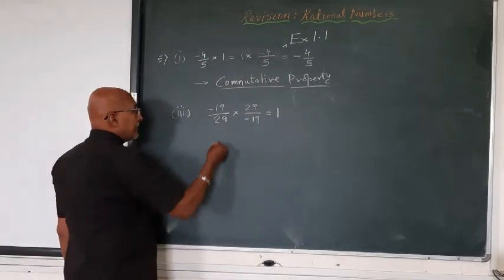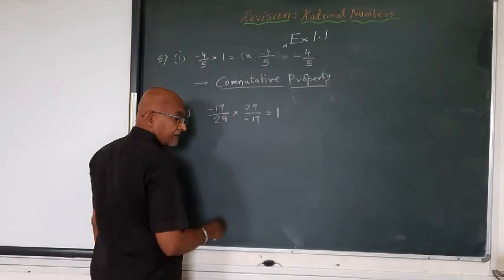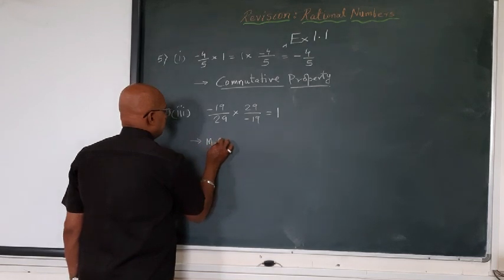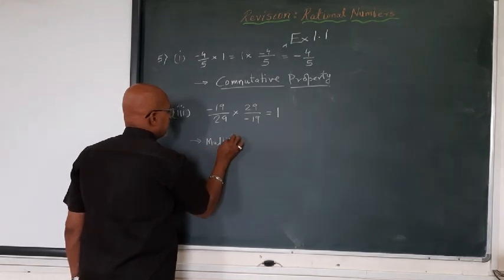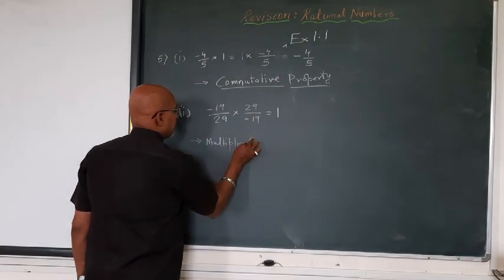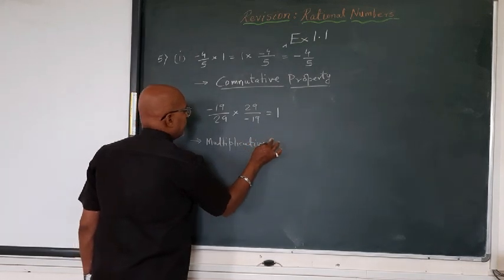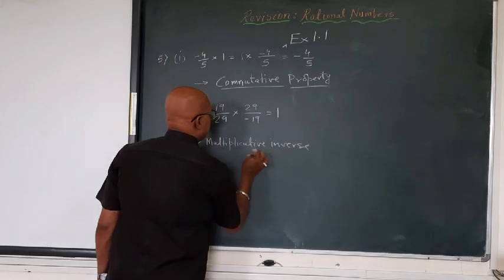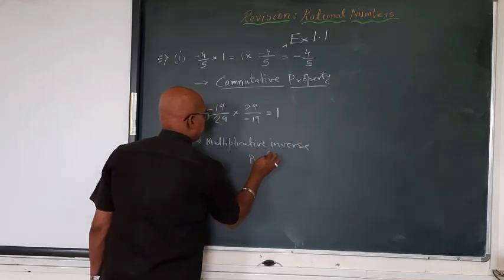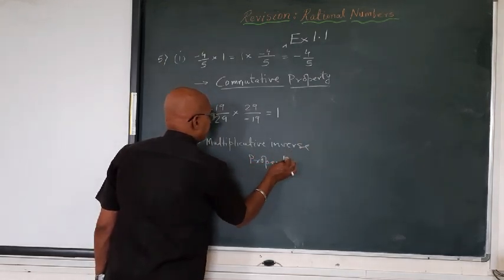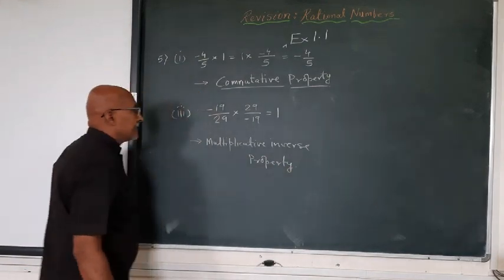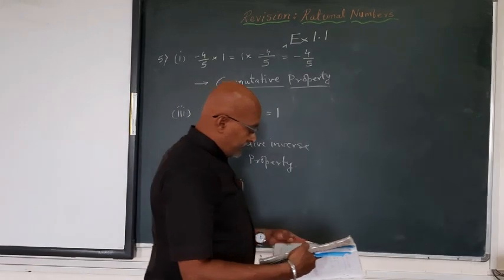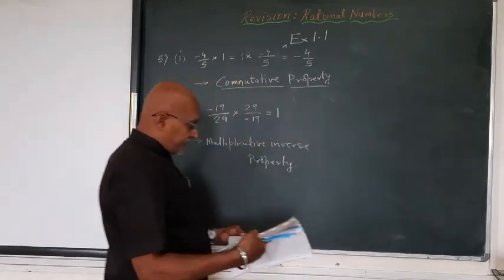It is multiplicative because multiplication is here. So we can write here multiplicative inverse property. So this way we can complete this fifth one.